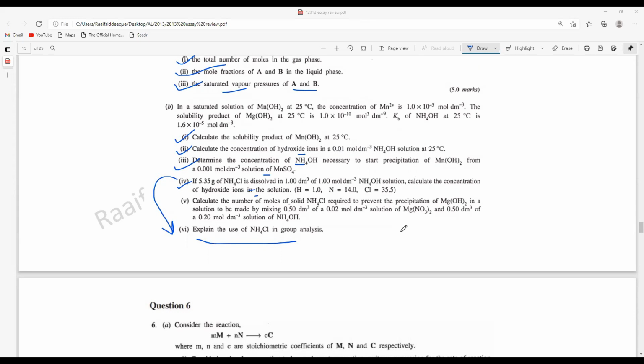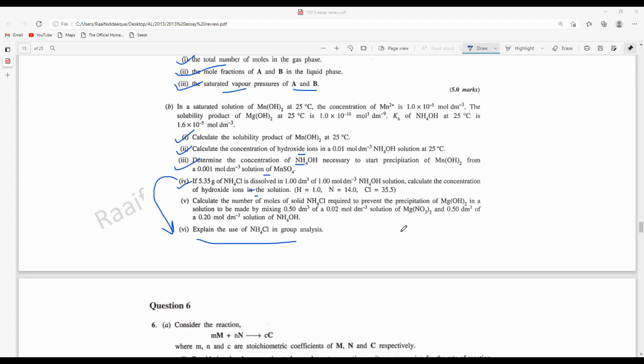We have a solution made by mixing Mg(NO3)2, with the concentration given as 0.02 M. Is it 0.02 M or 0.2 M? So 0.02 M Mg(NO3)2, 0.5 dm3, and we mix ammonium hydroxide.